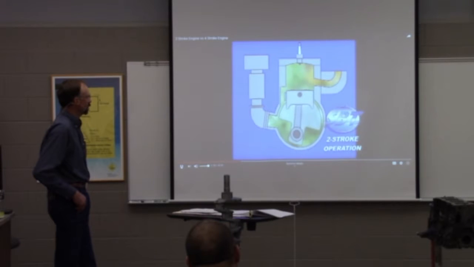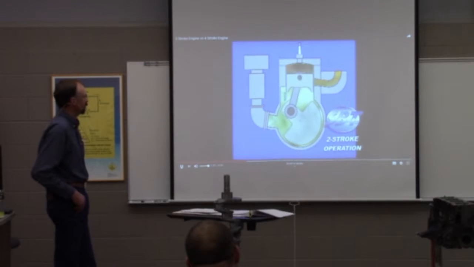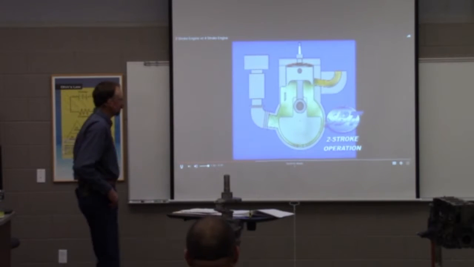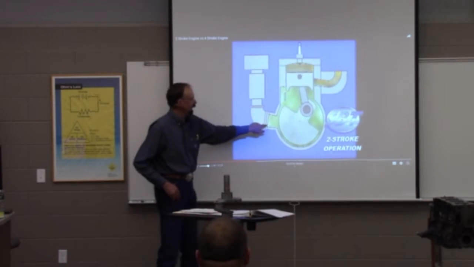Finally, the crankshaft continues to turn. The piston rises, closing off the intake and exhaust ports, compressing the air fuel charge inside the cylinder. The rising piston also sucks in the next air fuel charge into the crankcase from the carburetors. Compressed charge is ignited by the spark. Here's that reed valve we were looking at.